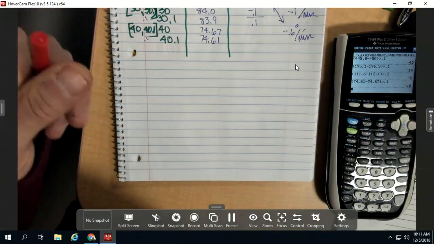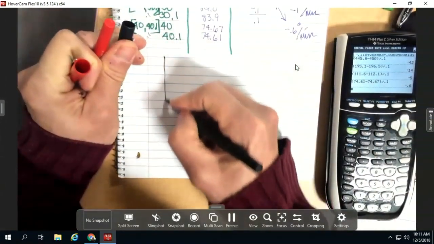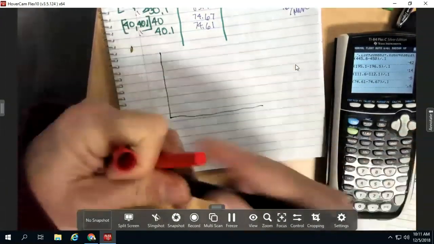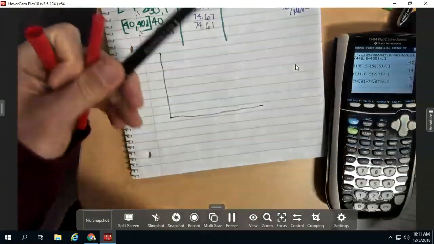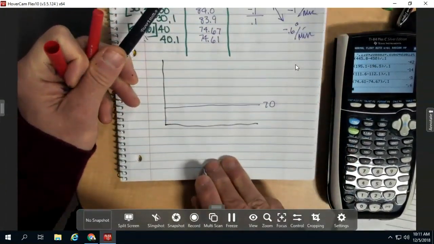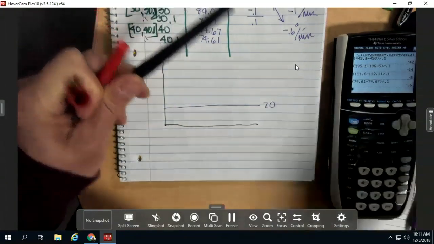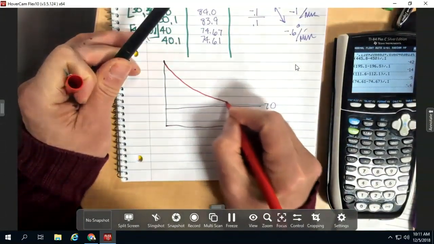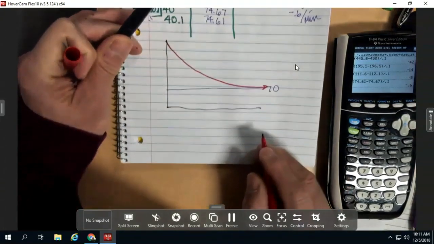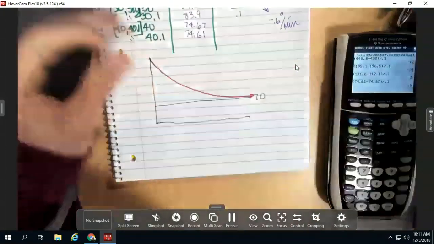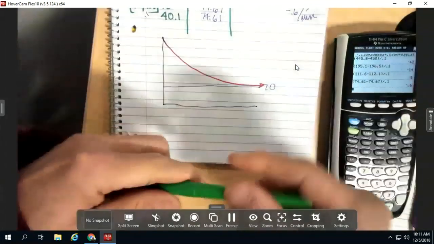So let's reiterate what's happening here. The pizza is gradually getting closer and closer to 70 degrees. The function looks like this, but the slope, let's do just the slope equation.